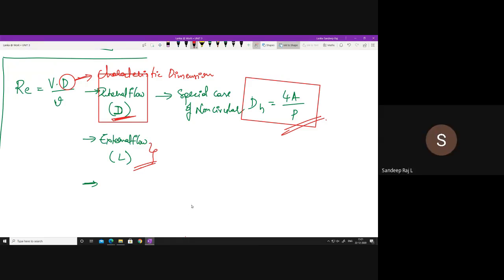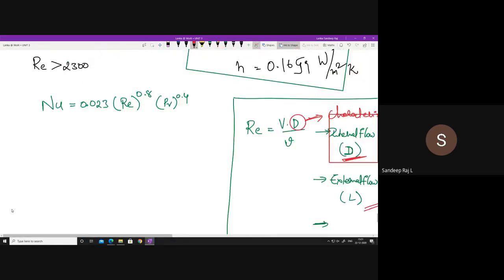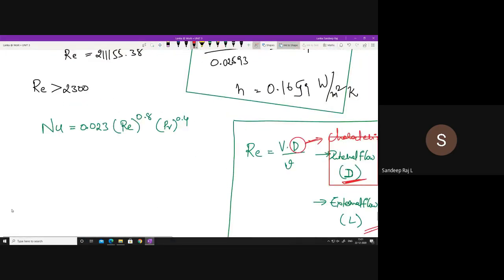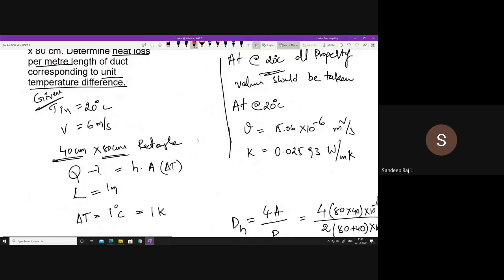Yes, sir. Where we are lost somewhere, it seems. We are here finding out the h value in case of a turbulent flow. So the Re value, you have already calculated it. The Prandtl value is required, so go to the data book and get the value of Prandtl.